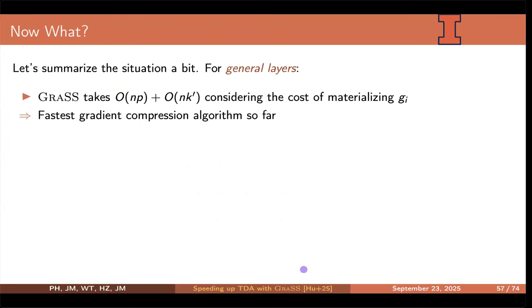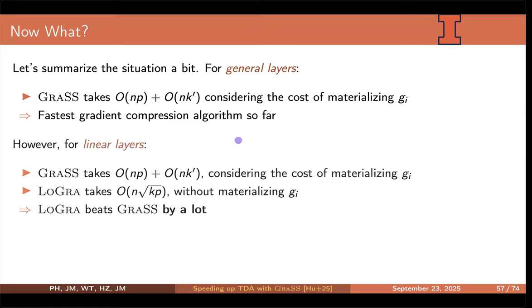So now what? We can summarize the situation a little bit. For general layers, sure, GraSS is very efficient, and it will take O(np) plus O(nk'), even if we consider the cost of materializing GIL. So this is still the fastest gradient compression algorithm so far if we consider general layers, not specifically linear layers.